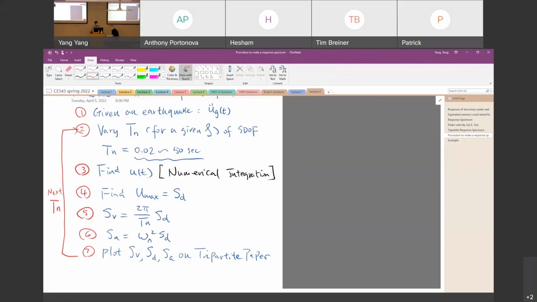So we need to balance. In your project, how would you vary the Tn? Would you vary the Tn with equal spacing? If so, what spacing would you like to use? 0.1 seconds?